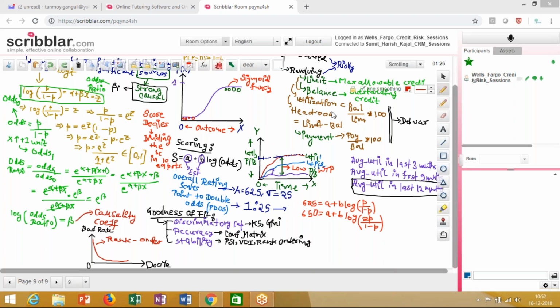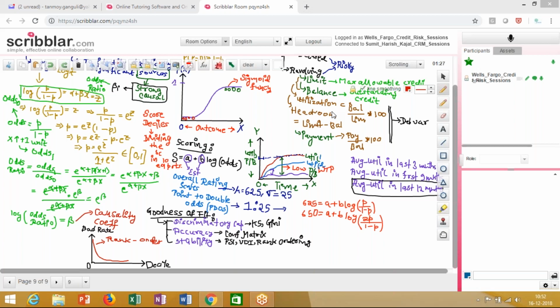Now that's one. The second part is that as I move across the score deciles, as the score gradually increases, the number of bads should keep on decreasing, and hence the graph between the bad rate and the decile should look something like this.